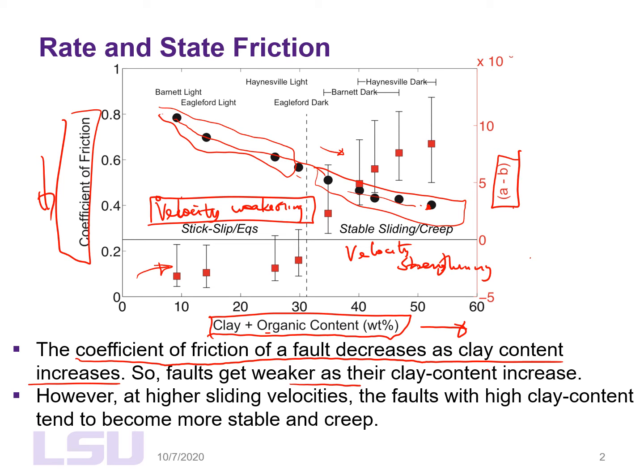So the fault gets weaker as their clay content increases. How do we know they get weaker? That's what I'd explained. If you plot tau, shear stress, against effective normal stress, 0.8 could be here, and 0.4, which is what this is. 0.8, this is 0.4. 0.4 could be half of that, right?